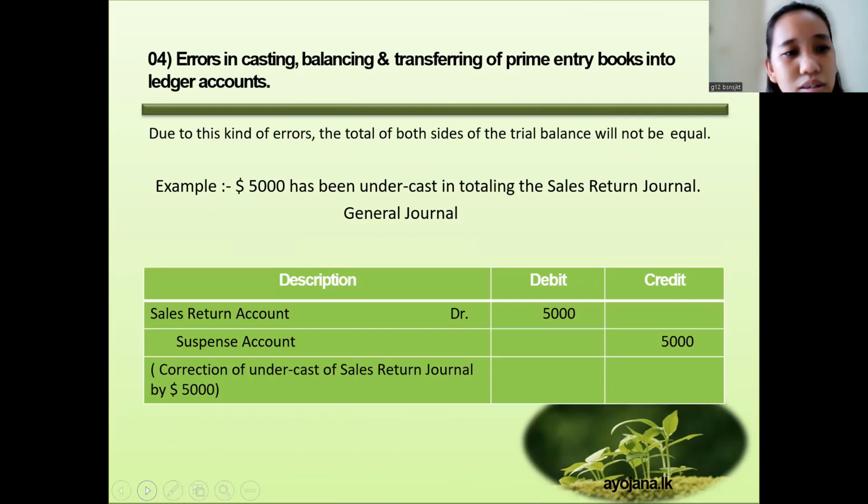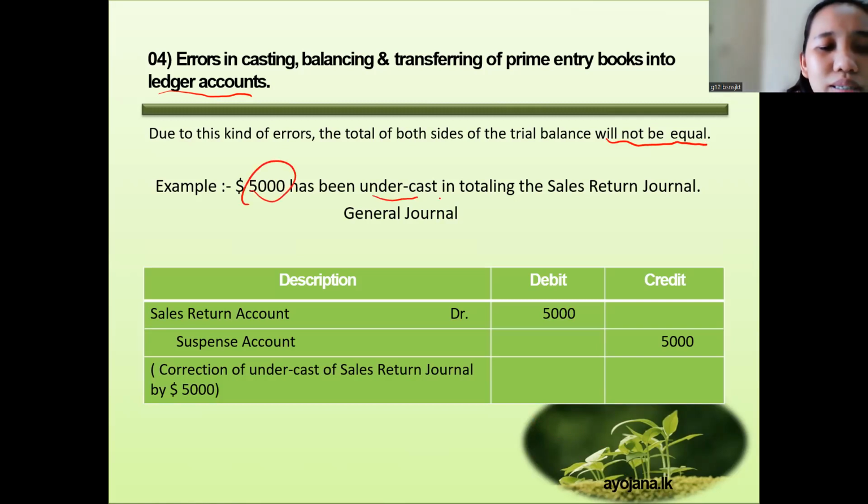Number 4 is error in casting, balancing, and transferring of prime entry books into the ledger. Due to this kind of error, the total of both sides of the trial balance will not be equal. For example, 5,000 has been undercast in the total of the sales returns journal.